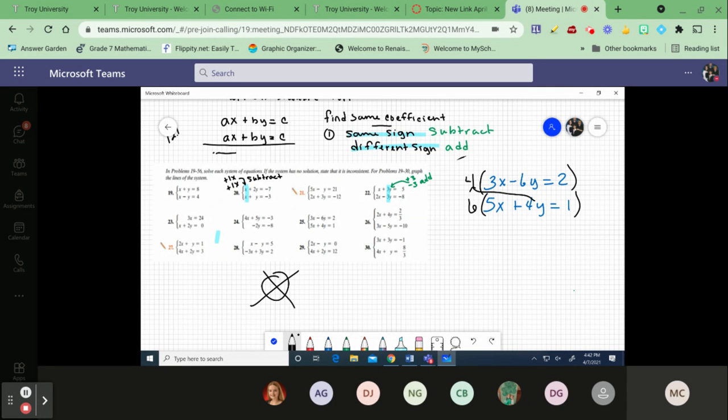So now I have 12x minus 24y equals 8, and 30x plus 24y equals 6.